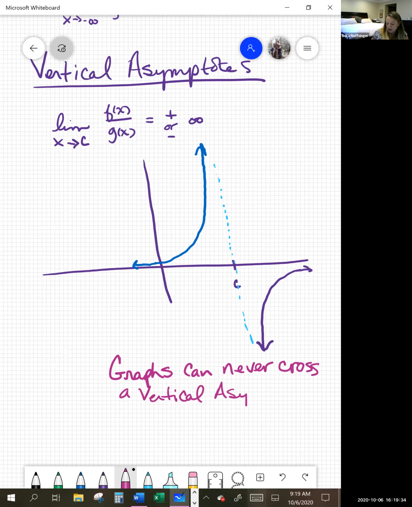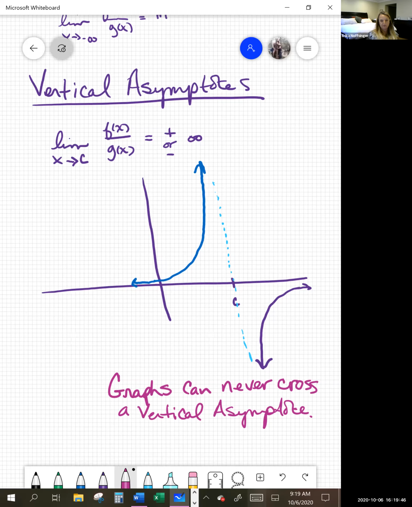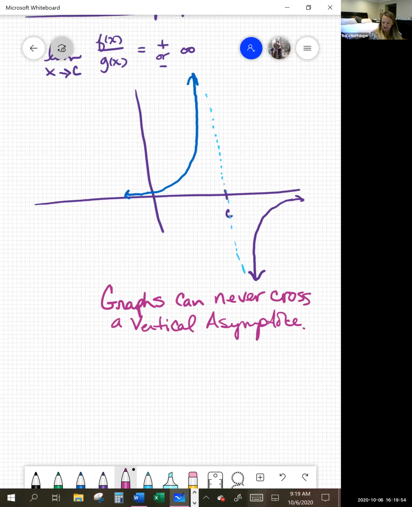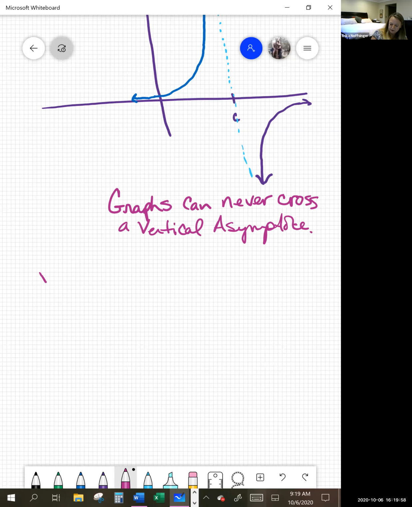It can cross a horizontal, and it will be able to cross an oblique. We'll talk about obliques later, but it can never cross a vertical asymptote. And the reason why is how you find your vertical asymptotes.